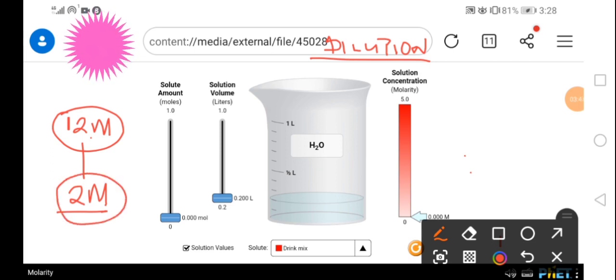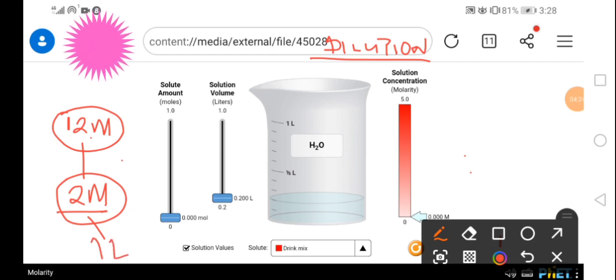Number one, you'll be required to know the volume of the chemical substance that we are supposed to get from this 12 molar. You need to know the volume you are supposed to get from the stock concentrated solution, and then you are going to dilute it to the desired volume. For example, you want to dissolve this reagent in 1 liter.